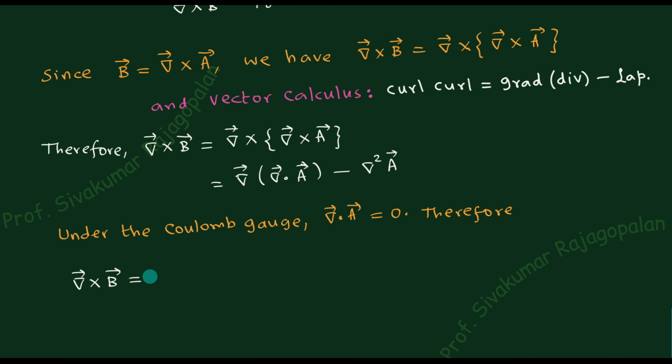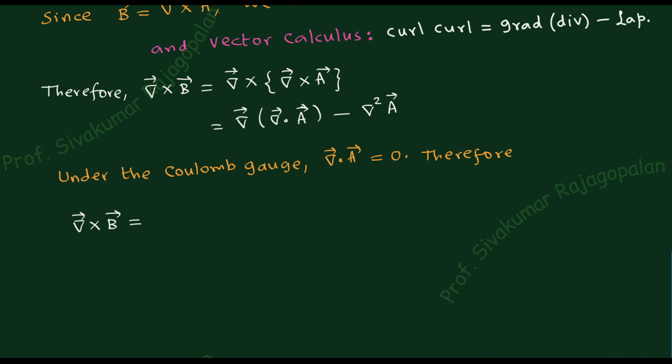Del cross B equals, one term goes to 0, so that first term goes to 0. Under the Coulomb gauge, only the second term is left, a negative of the Laplacian of the capital A vector. So that is the equation that you have. And what is your Ampere's law?